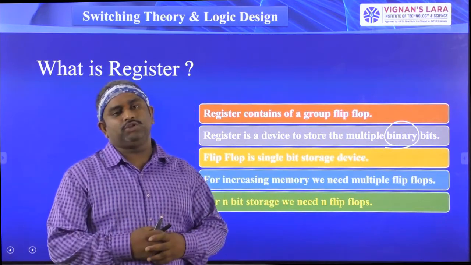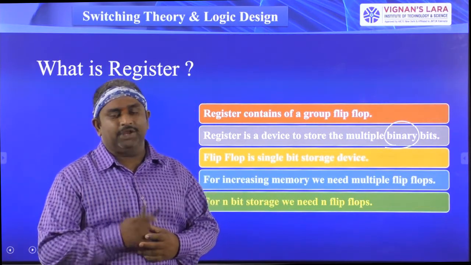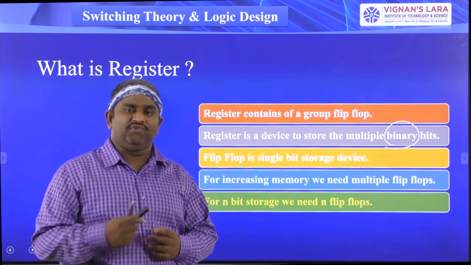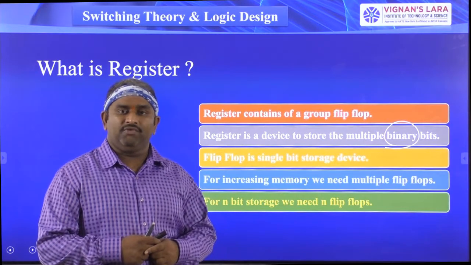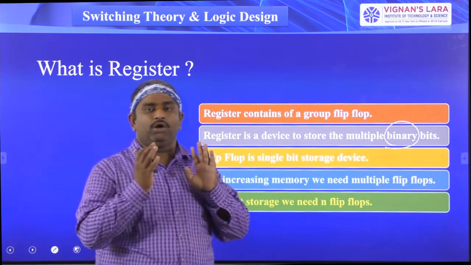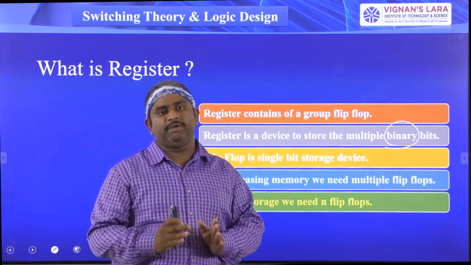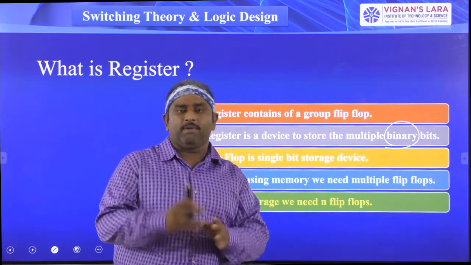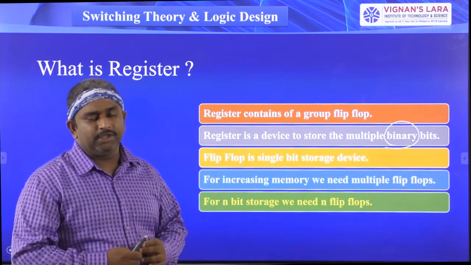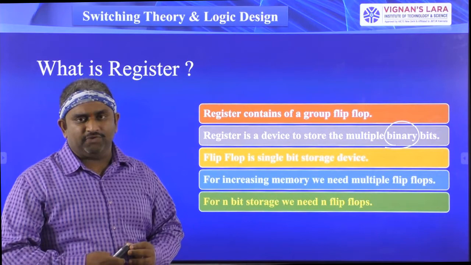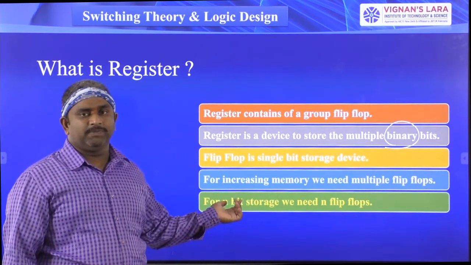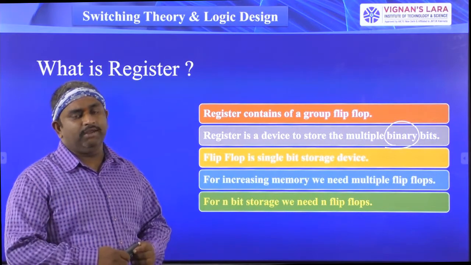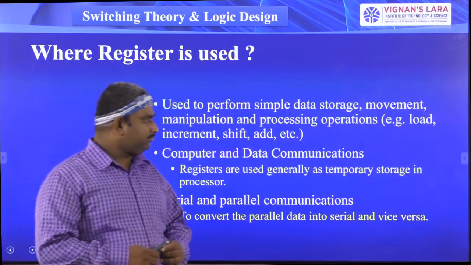If you want to store 1 KB data, you need 1 KB flip-flops, and for 1 MB data, 1 MB flip-flops. Whether 1000 bits, 10,000 bits or 1 lakh bits, you need the same amount of flip-flops. Generally, for storing this type of data, we select the D flip-flop.